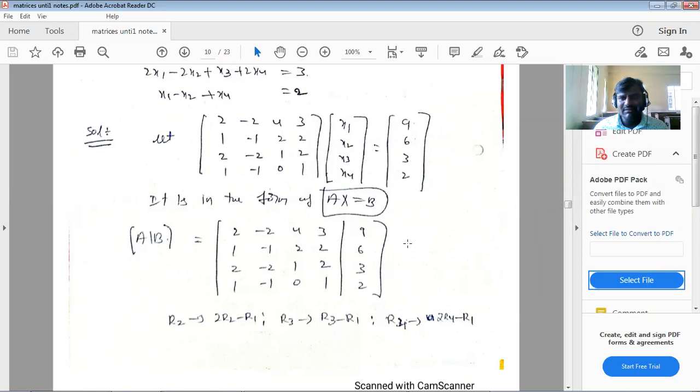Different fields use them: machine learning, mechanical engineering, data science, and civil engineering also. Now your problem is to find the eigenvalues and eigenvectors of a given matrix.